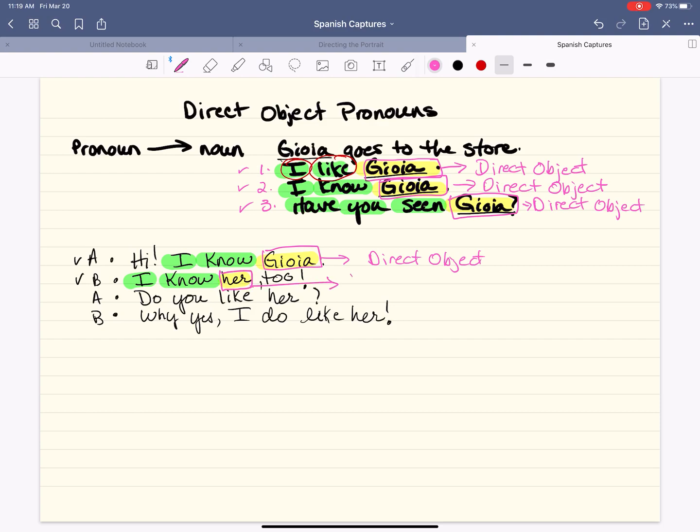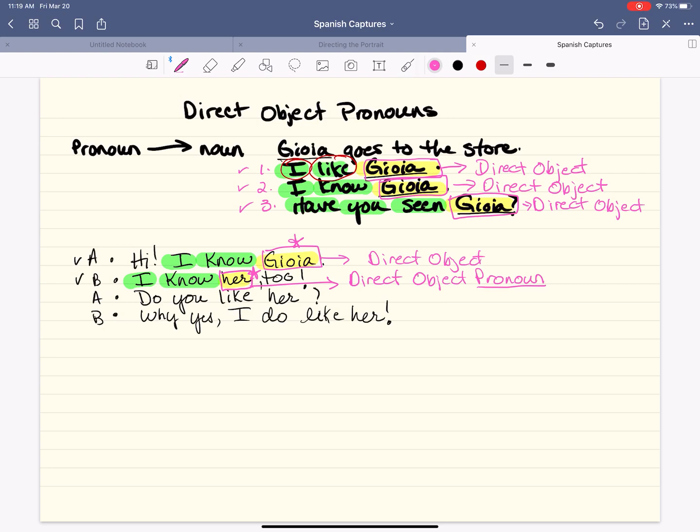Super important. Direct object pronoun. A pronoun takes the place of a noun. Instead of mentioning Joya all the time, we can substitute her, so we're not totally redundant.